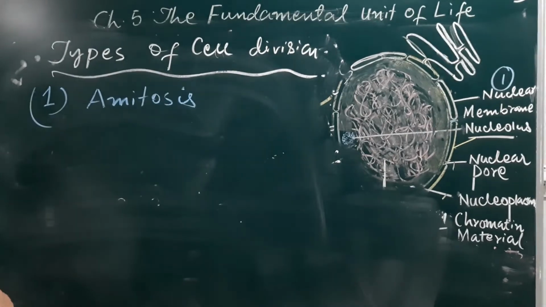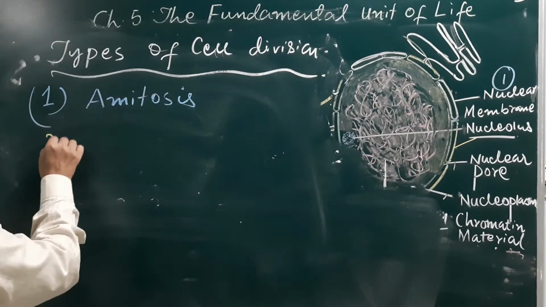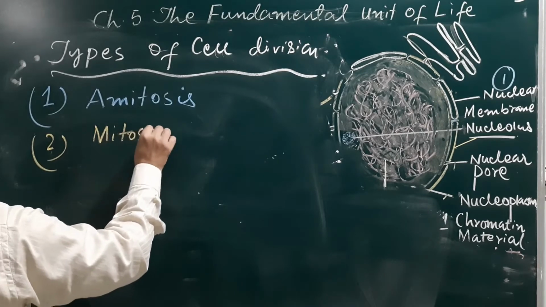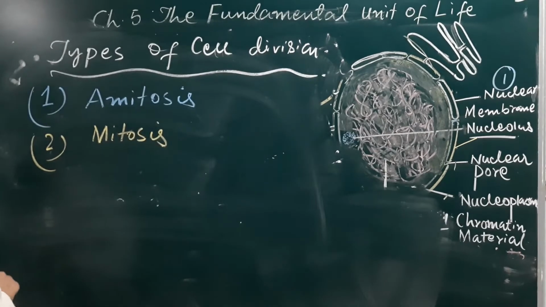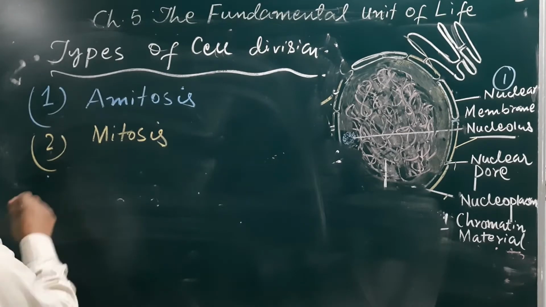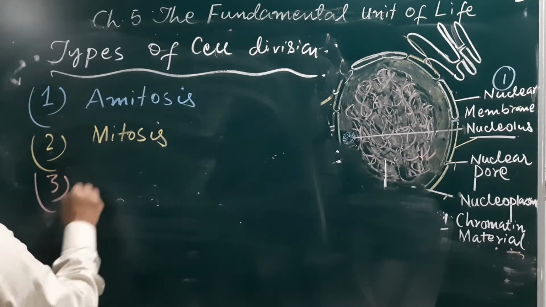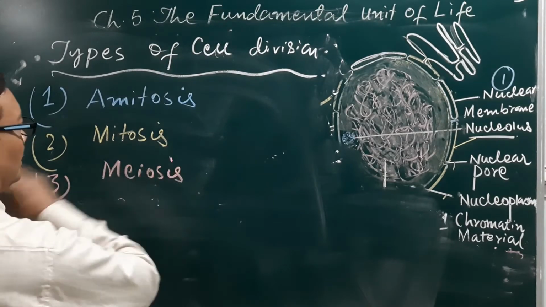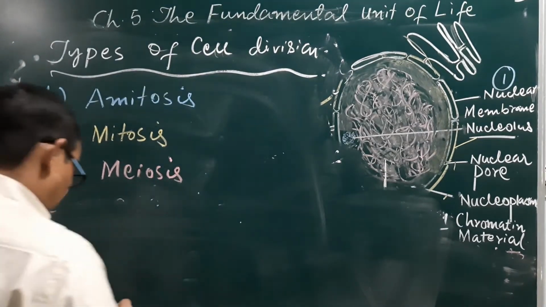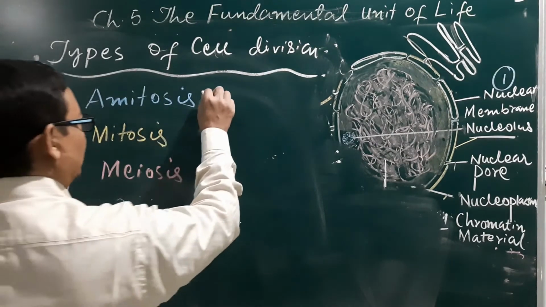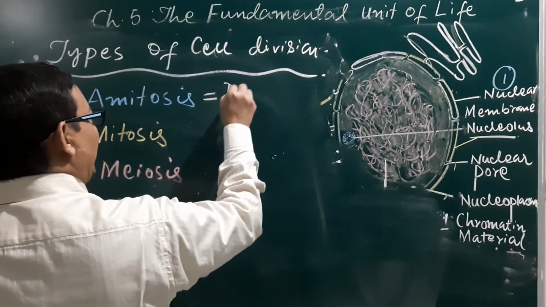The second one is mitosis. And the third one is meiosis. Amitosis is also known as direct cell division. It is also known as direct cell division.